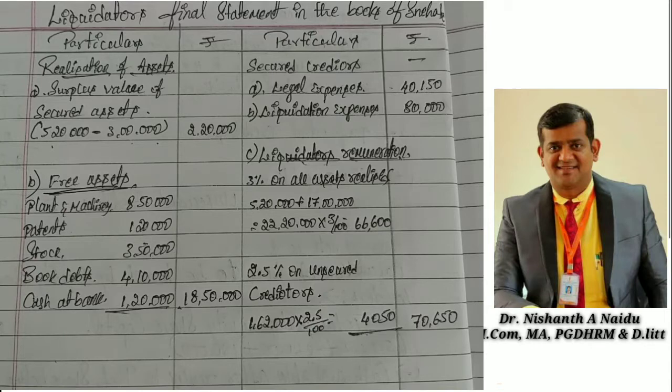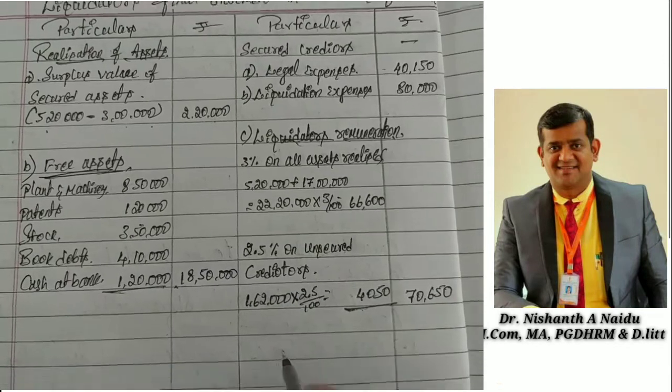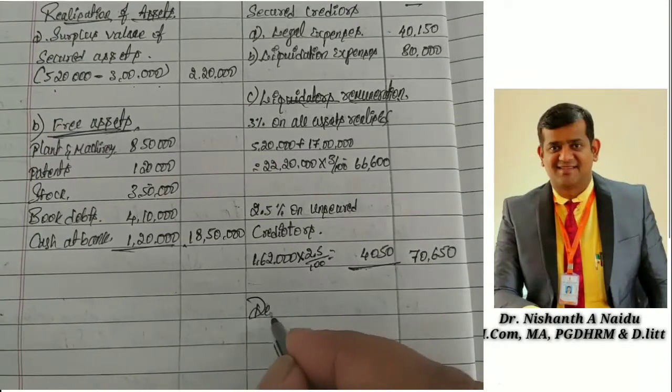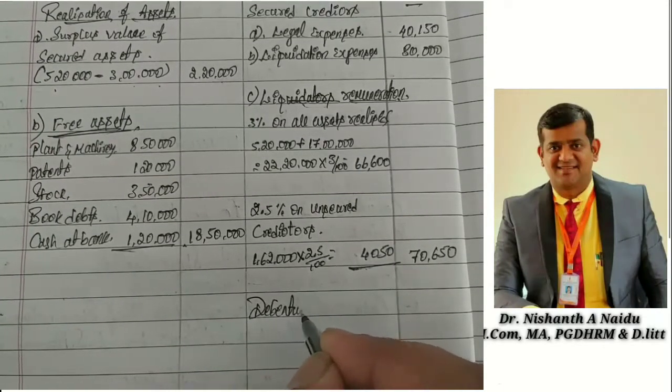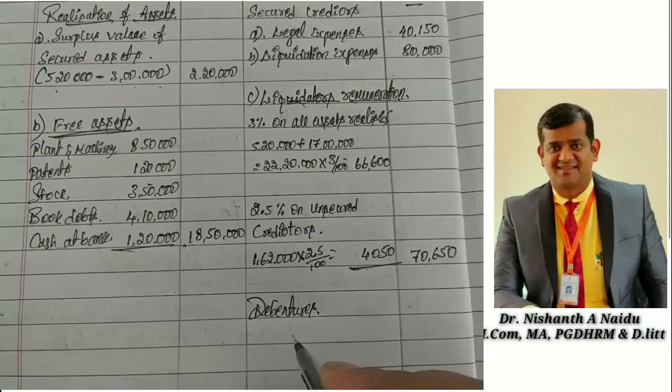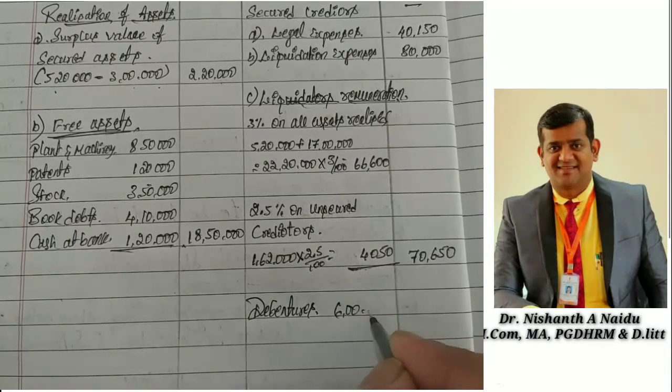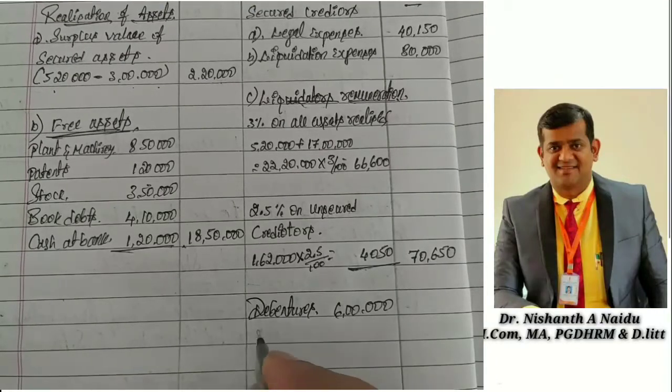So next, to whom are we supposed to settle? We are supposed to settle debentures. How much debentures is given in the problem? Debentures is rupees 6 lakh.